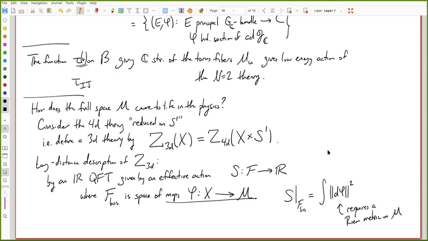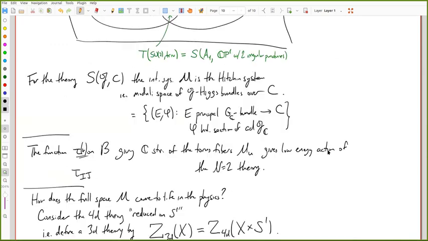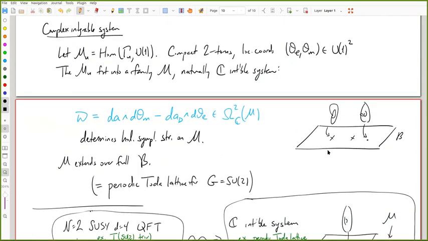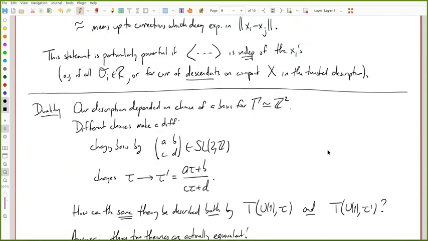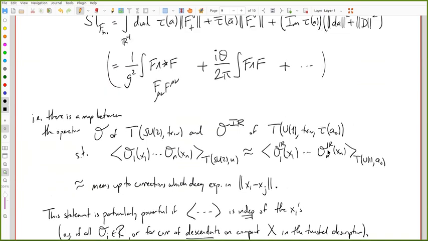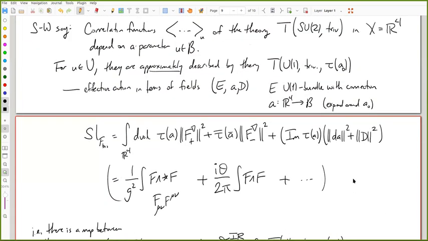The same thing happened in 4 dimensions, by the way. I didn't emphasize it at the time, but if we look at the effective action that I wrote in the 4-dimensional theory, coming back up here, the scalar piece, so there we had a field A, which was a map into the Coulomb branch. And here, this part is a metric.